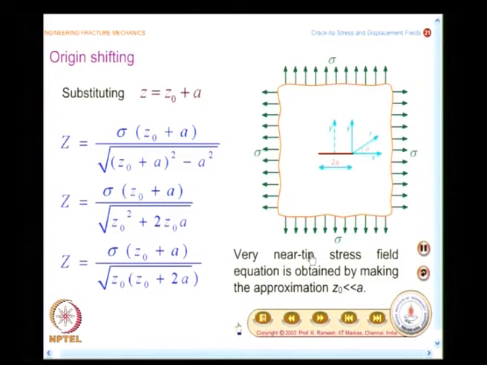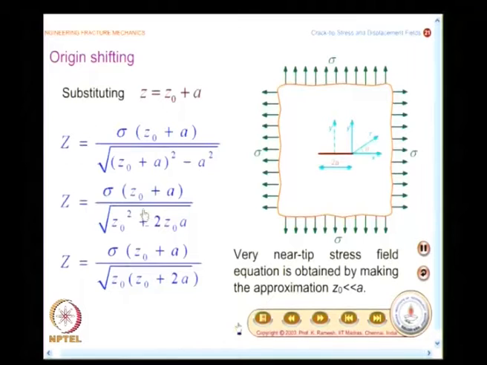For that, we are going to take z naught as very, very small in comparison to the crack length. So, whatever solution I am attempting is for the case when my domain is very small, close to the crack tip.